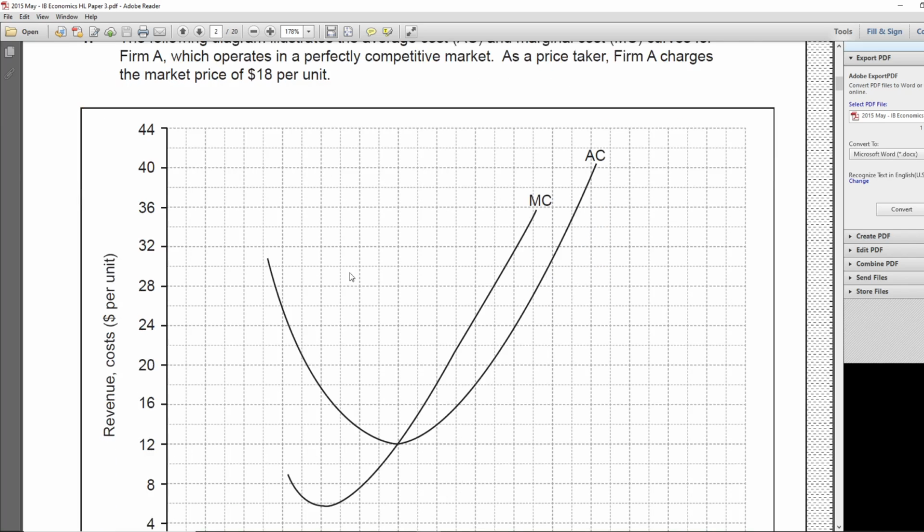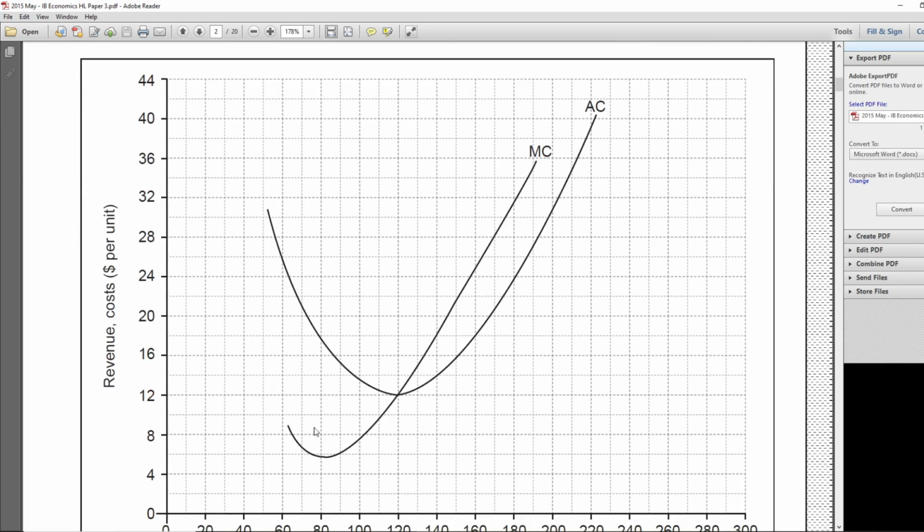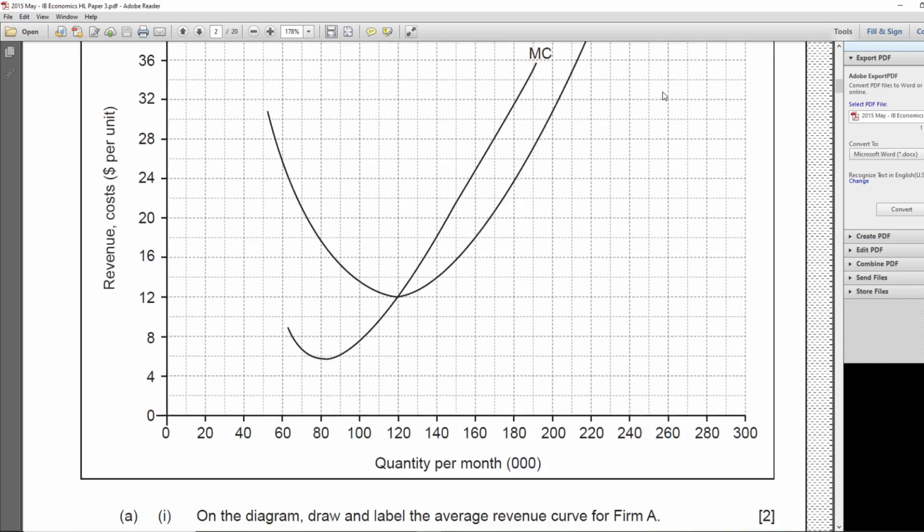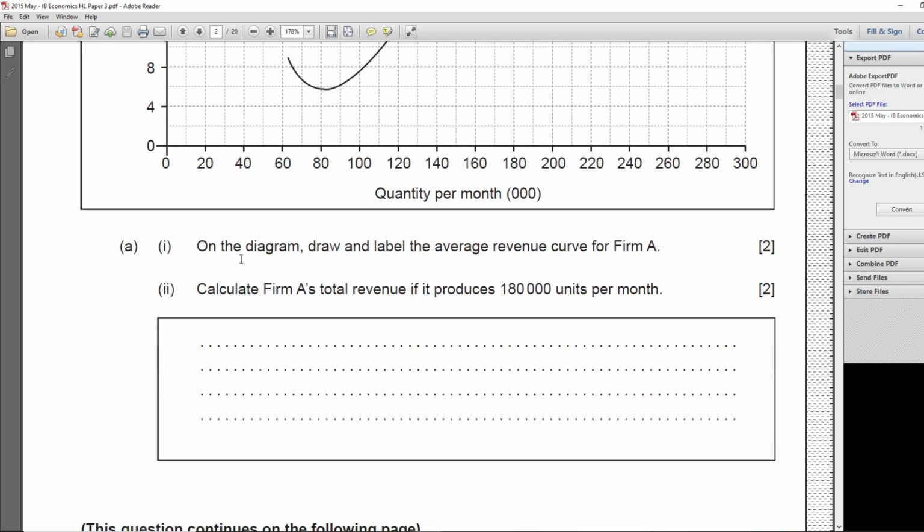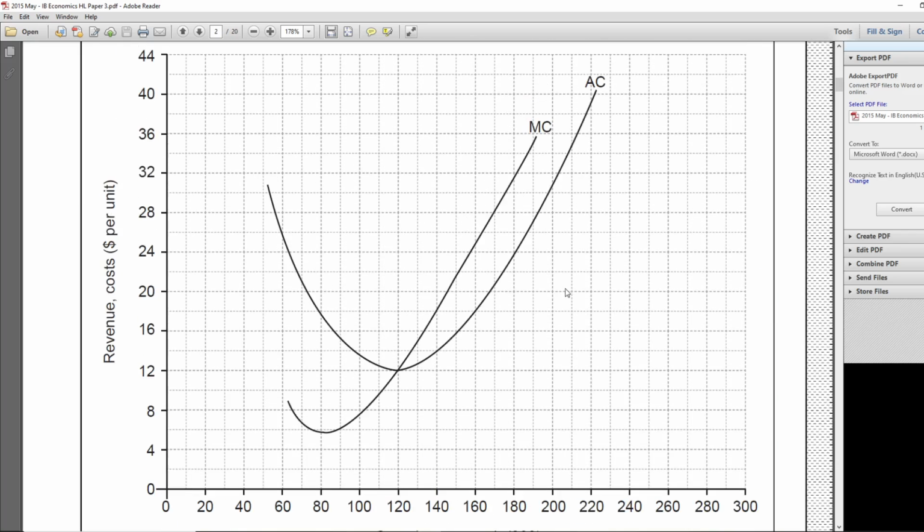In this question you see 2 curves being provided, the MC curve and also the AC curve. The first question is, on the diagram, draw and label the average revenue curve for firm A. So how are you going to draw it?